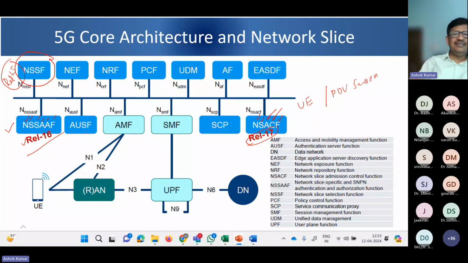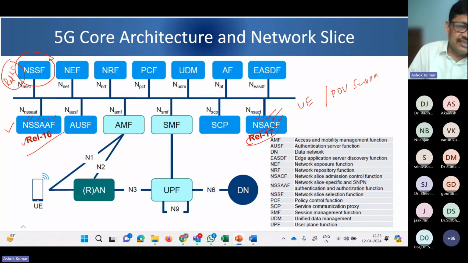So these are three specific network functions in the 5G core architecture till Release 17. We may add certain more features going forward, but these are the network functions we have as of today. So if a particular network is of Release 15, you have a basic network slice function architecture.